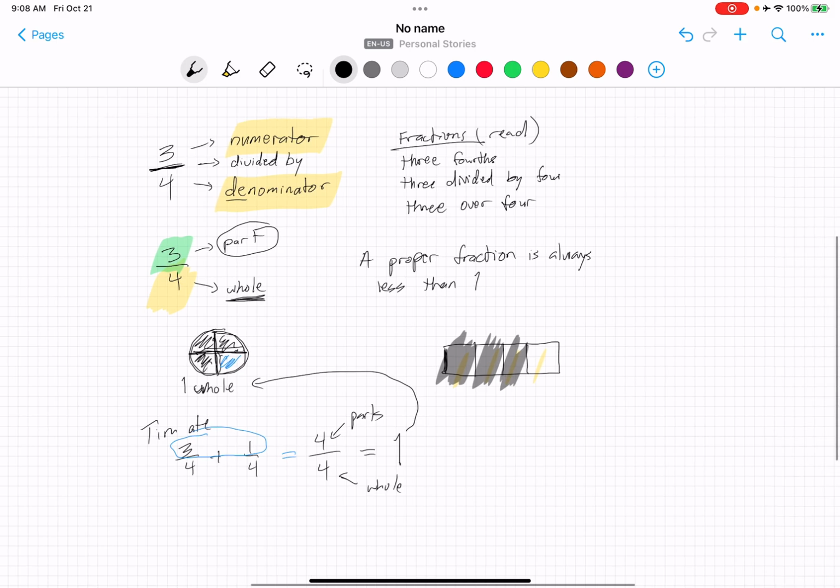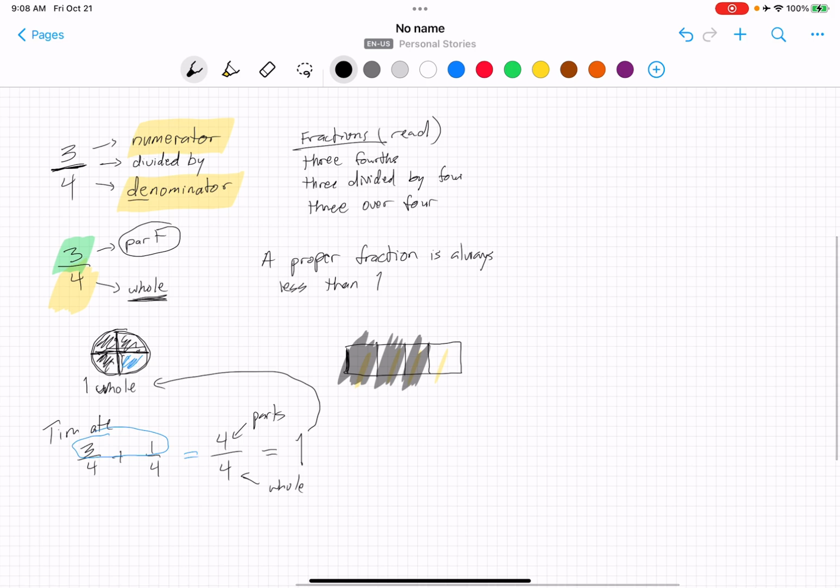Let's take a look at one other example just before we leave here. How might we say this fraction? And how might we say this fraction?